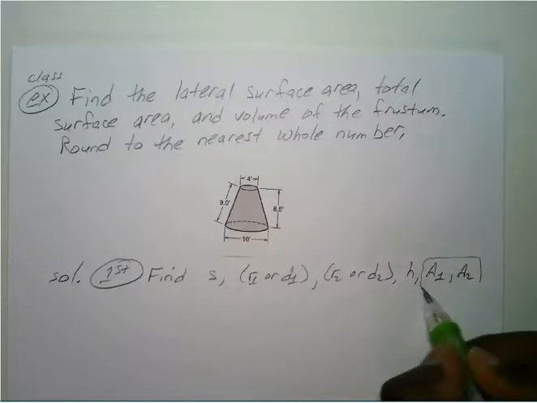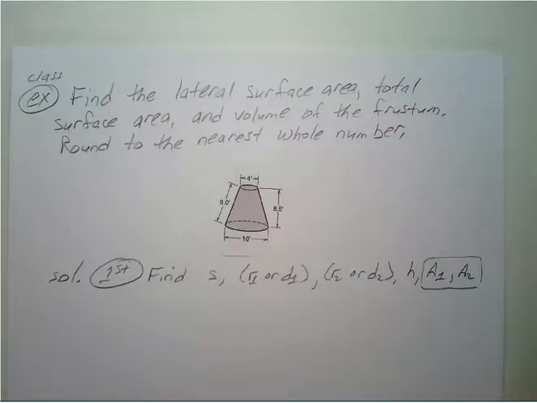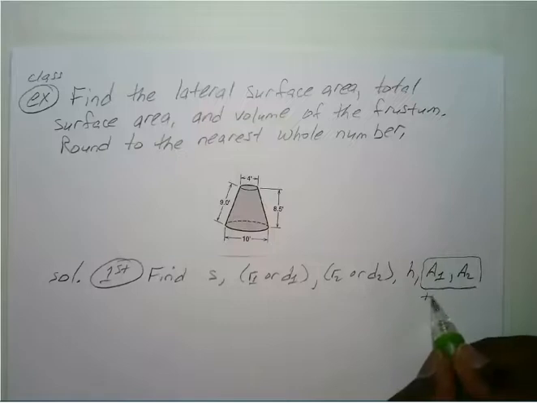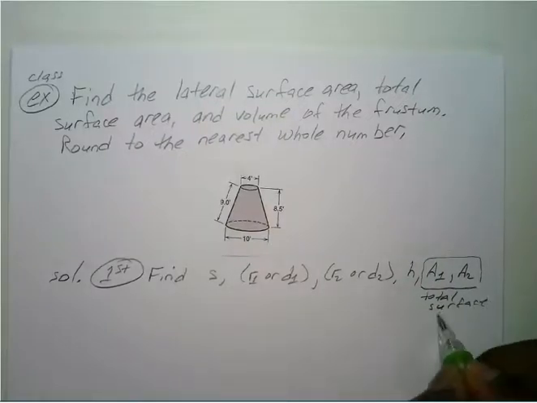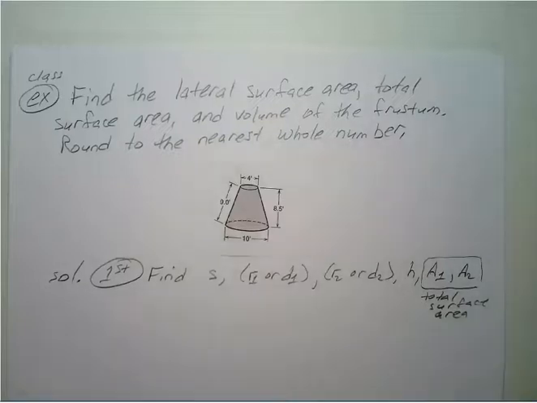Now you only have to find these two if you're looking for your total surface area. Okay, if you're not looking for your total surface area, you don't even have to bother looking for those. Okay, but you do need the rest of them, just not those two.